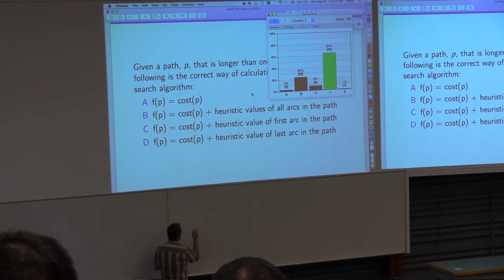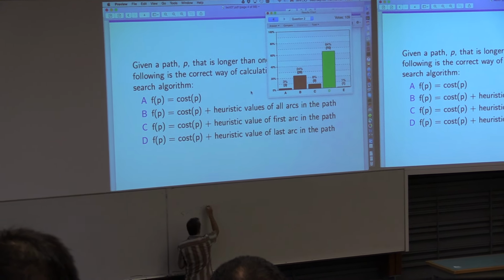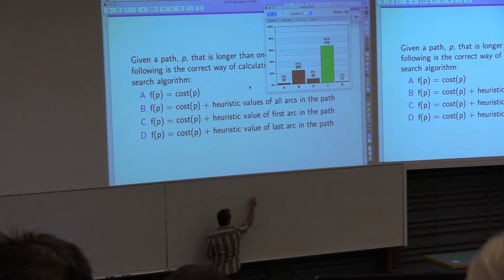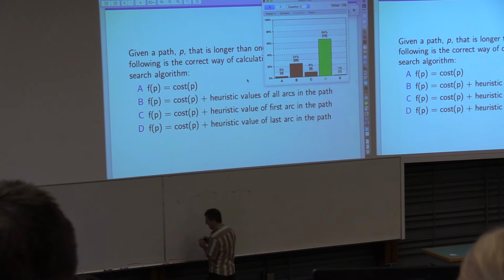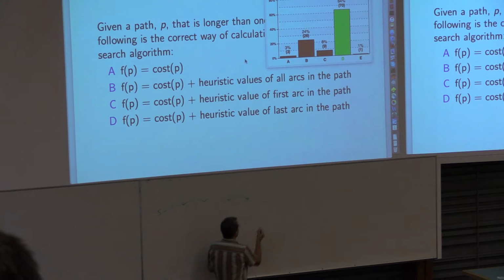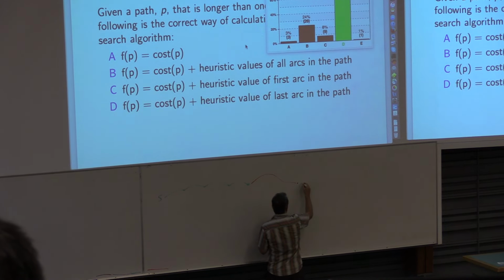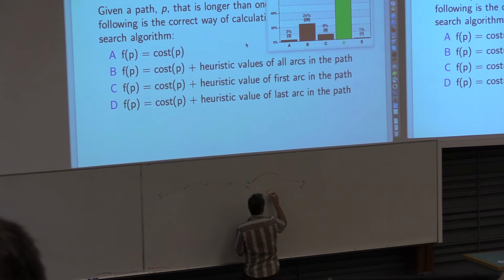It really is the case that you have a start node, you have a path, and then you have some estimate to a goal. Here's the node. This is an estimate.